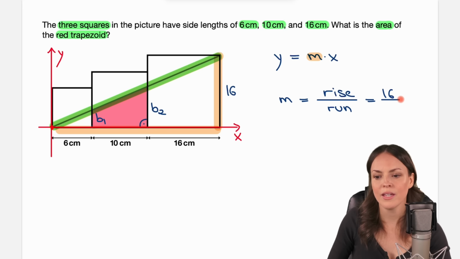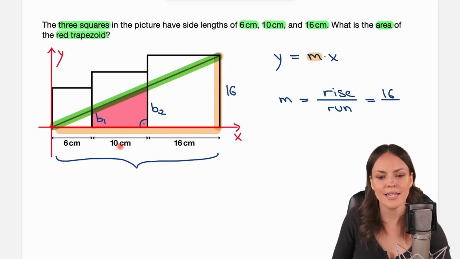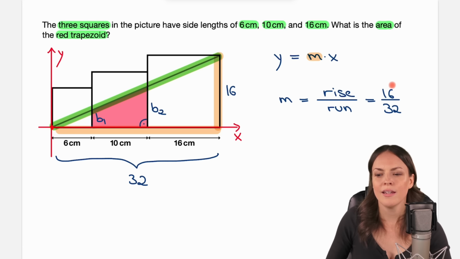And what is my run? That is what I go from the left to the right. So this part here, 6 plus 10 plus 16, is equal to 32. So my run is 32. 16 over 32, I can reduce this fraction because both numbers are divisible by 16. 16 over 16 equals 1. 32 over 16 equals 2.